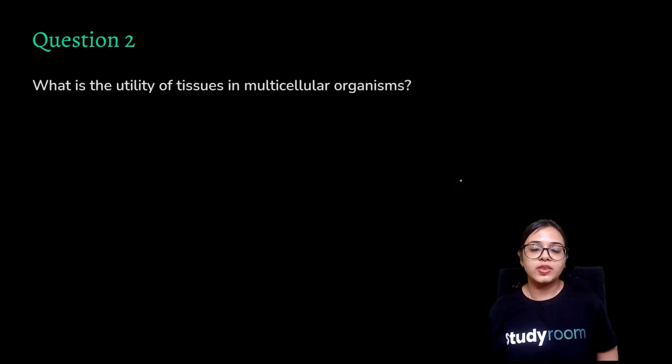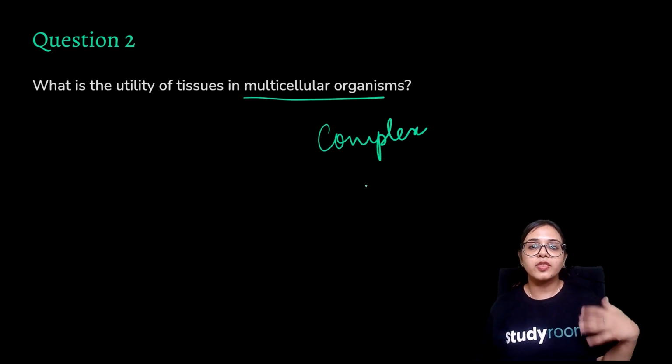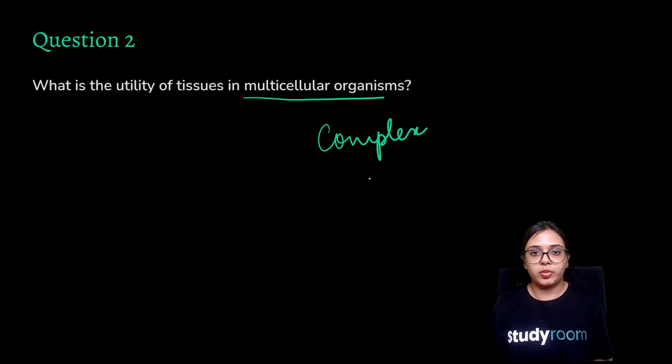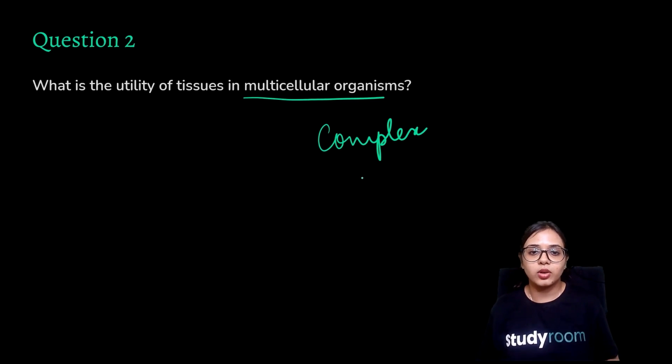What is the utility of tissues in multicellular organisms? Multicellular organisms require complex methods of survival, right? Because the more the number of cells in a particular body, the more complex the system of that body would be, to perform simple tasks like eating and drinking and walking.